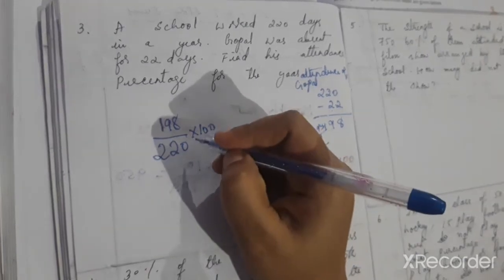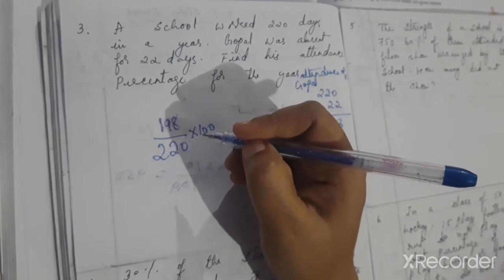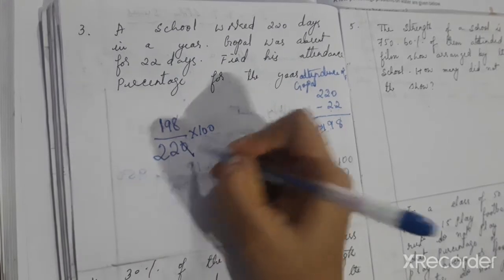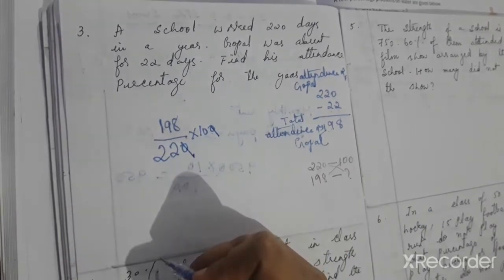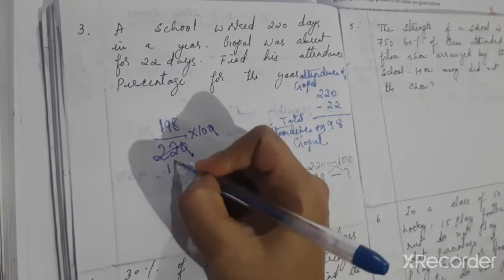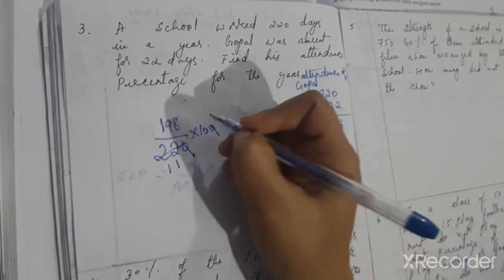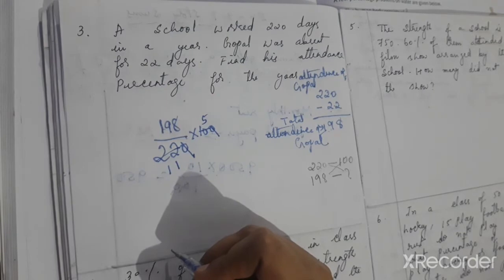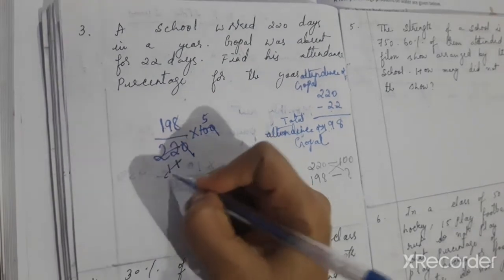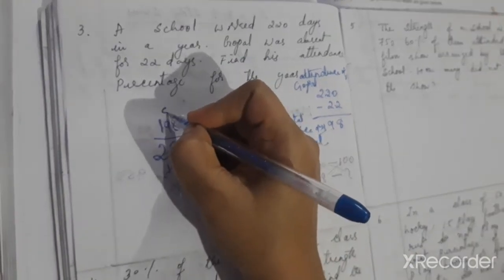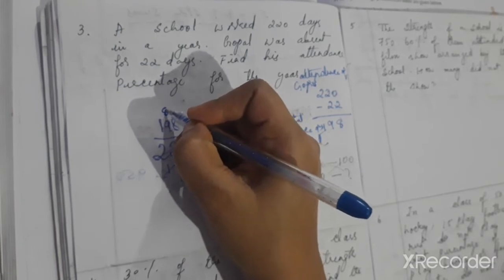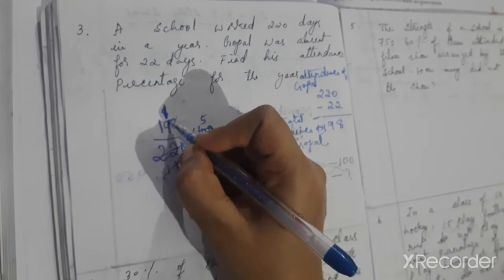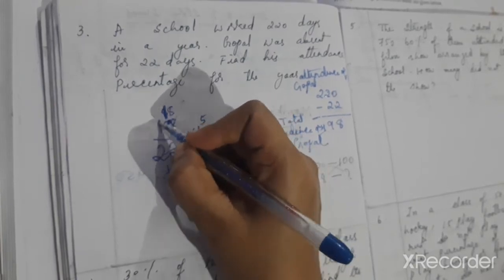Now cancel it. Zero, zero can cancel. 2 ones are 2, 2 fives are 10. 11 ones are 11, 11 eights are 88.